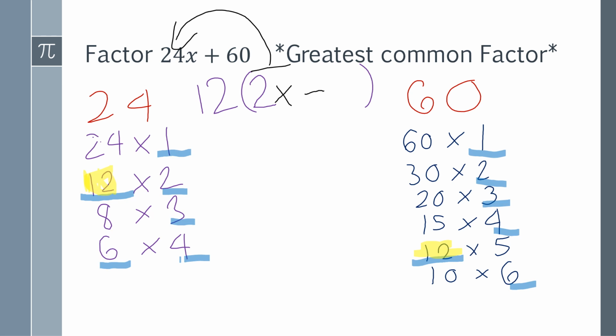Plus, because the answer was a positive, what times 12 gave me 60? 5. Brilliant. And that goes that way. You are really doing a good job. Not bad at all. Just like that. That is how you factor.